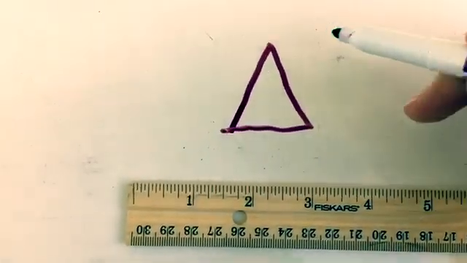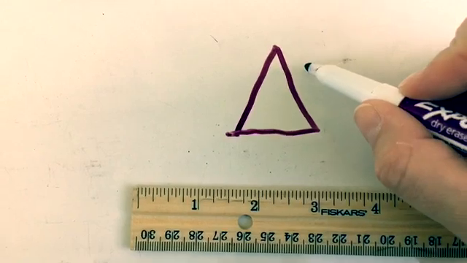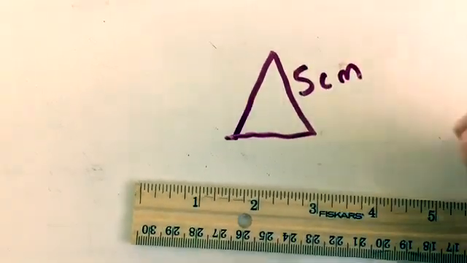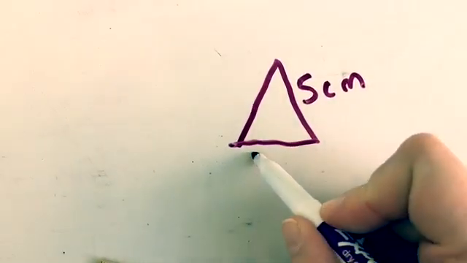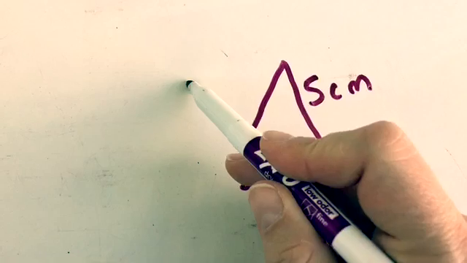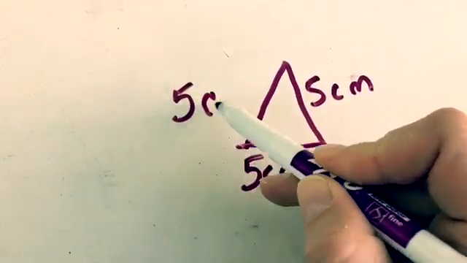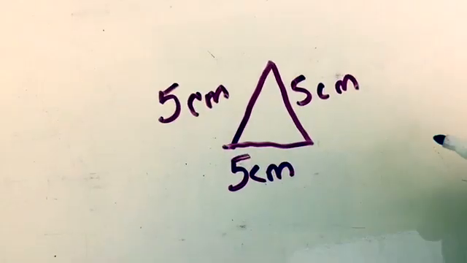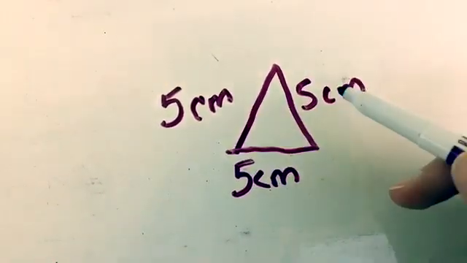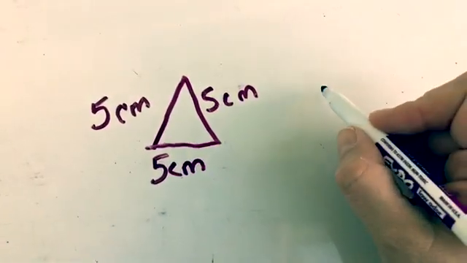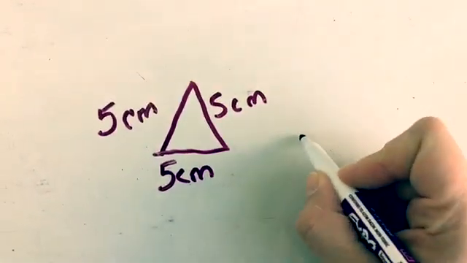If I were to tell you that this is 5 centimeters, and I'm just going to tell you that all sides are equal, okay? I'm not going to have to measure it right now because we're pretending that every side of this triangle is 5 centimeters. So this, by the way, would be called an equilateral triangle because all sides are equal.